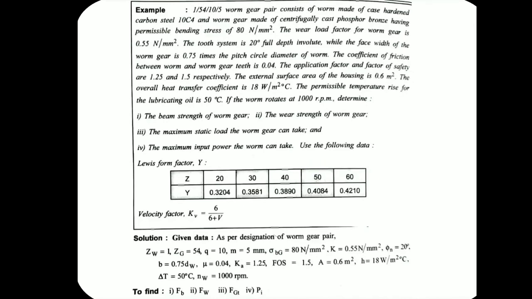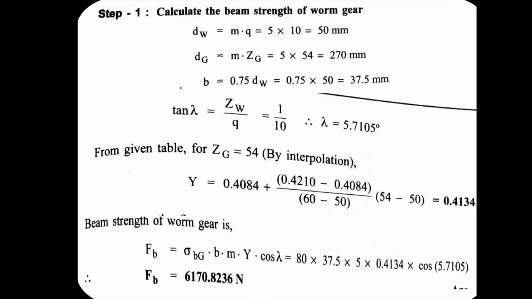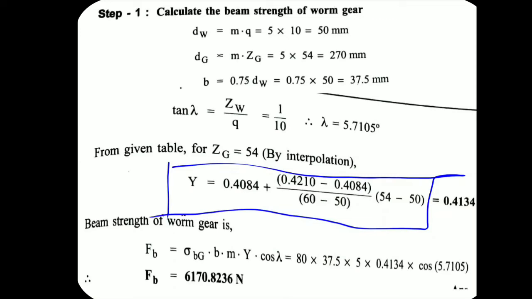Again I will explain. It is the minimum value plus maximum minus minimum divided by number of teeth maximum minus minimum into the value which we know, that is 54 minus initial value 50. So in this way we have to make the interpolation. There are many more methods of interpolation, but I think from the table this will be the suitable method for you.